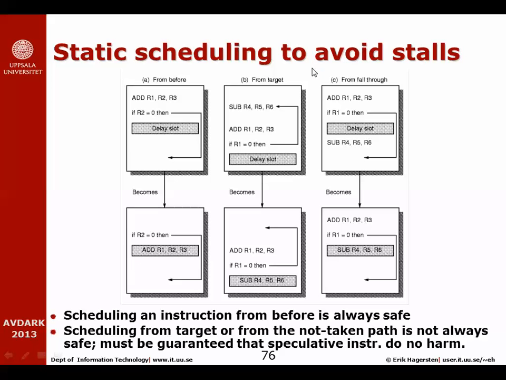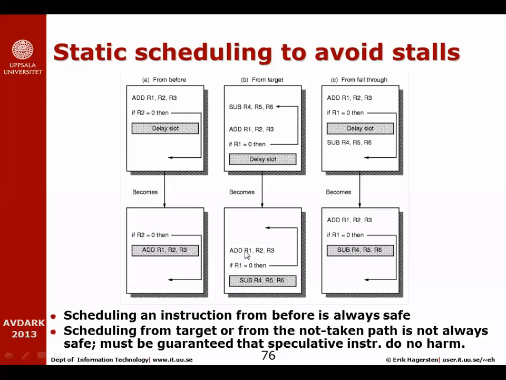You can also, in this case here, there is a data dependence between the previous instruction executed just before the branch, but then you can look at the instruction in the target of the branch. So the branch would jump to this instruction. And if you can convince yourself that it's safe to do so, you may move this target instruction into the delay slot.